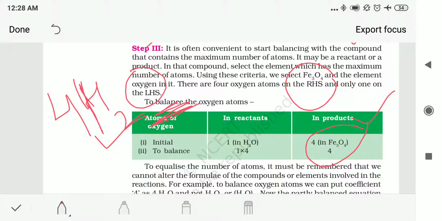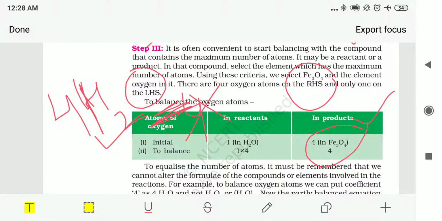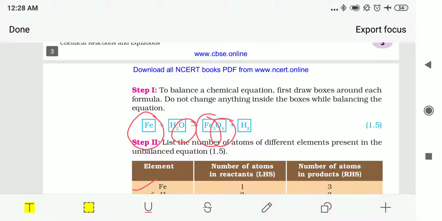Students, please remember this: we cannot write the 4 inside, like H2O4. This is wrong. This was our first step, that we will not alter the formula of the compounds. We have the formula Fe3O4 on the right hand side and H2O on the left hand side. We made boxes around the formulas, so we can't write anything inside the boxes.